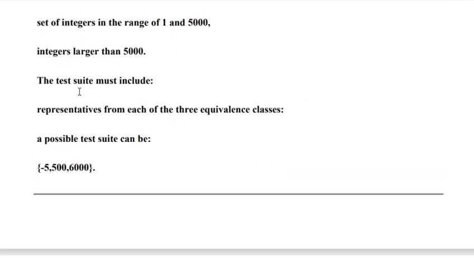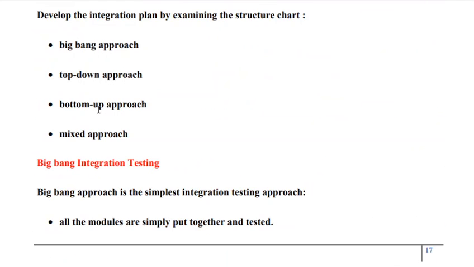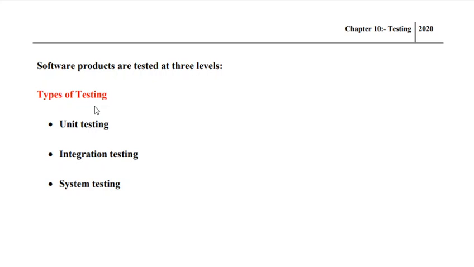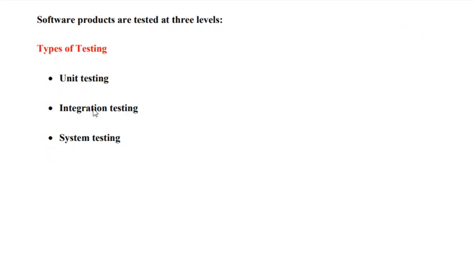And then we discussed different types of testing: unit testing, integration testing, and system testing. We discussed the attributes of each of the testing mechanisms, right? We discussed what unit testing is, how it is done, and what its significance is. We talked about integration testing, how it is done, and its significance. Then we talked about system testing and the different types of system testing.